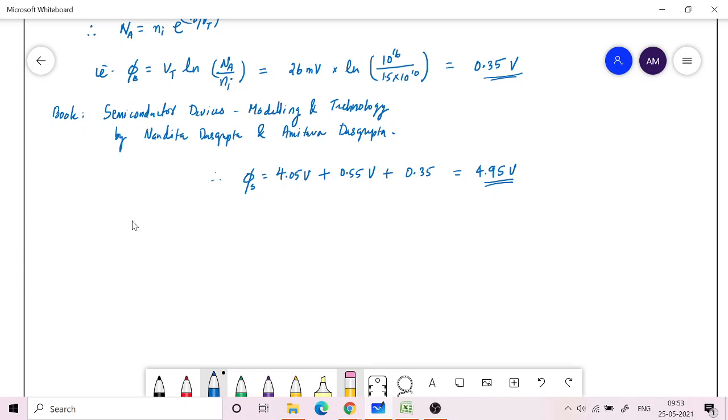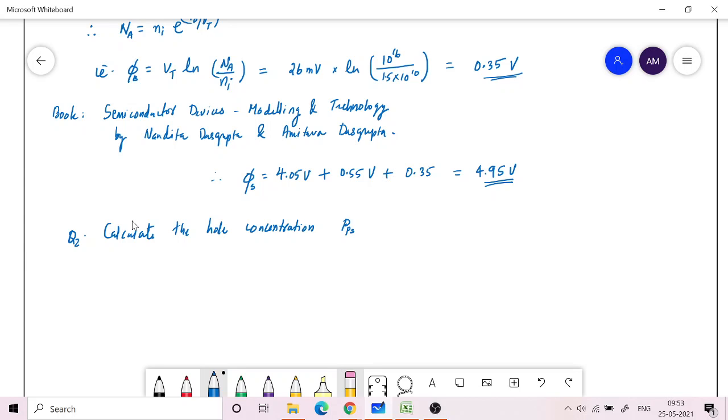So question number 2: calculate the hole concentration PPS.